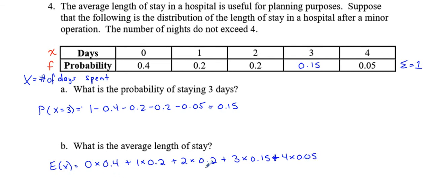And of course all of that is just divided by 1 because that's the sum of the frequencies, and that works out to 1.25. So the average length of stay is 1.25 nights. And again, because it's an average, you're allowed to have a decimal.